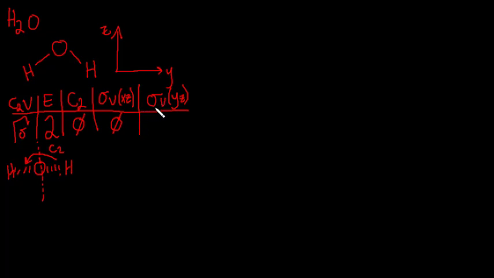In the very last case here, let's call this sigma V prime just to distinguish the two of them. All 3 atoms are in the actual plane, so none of them move, and both hydrogen atoms stay in the same location. Now what we find here is the reducible representation.